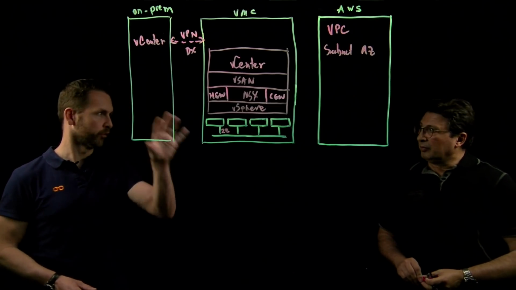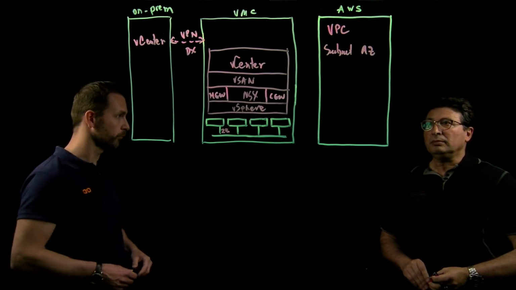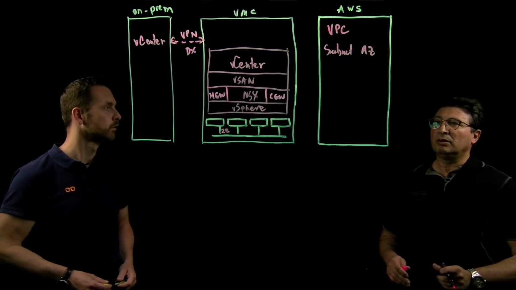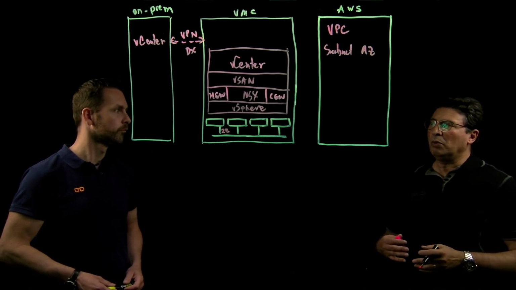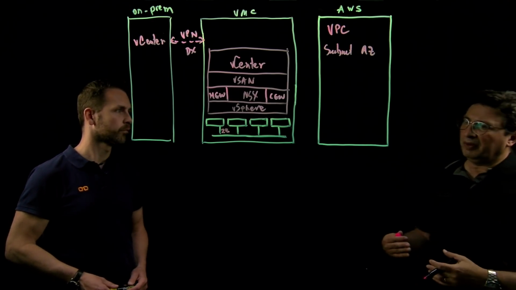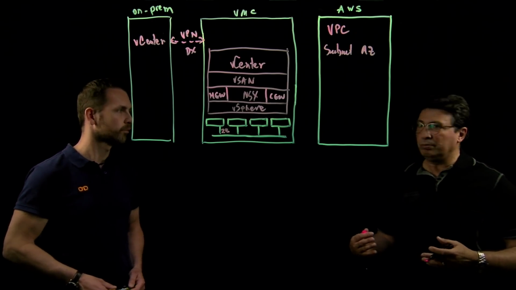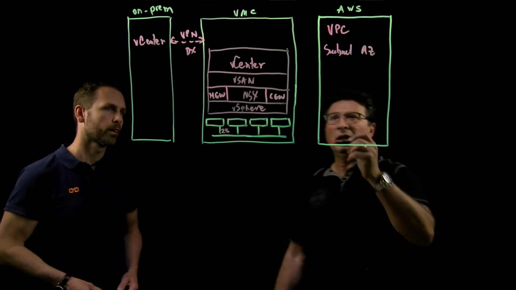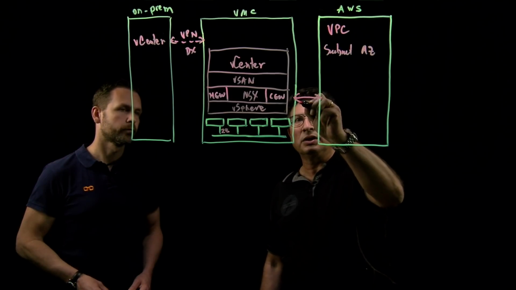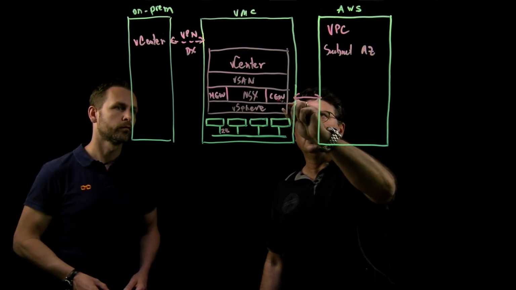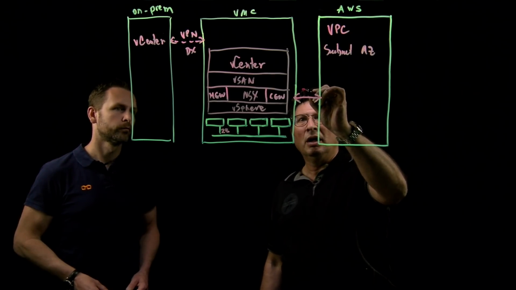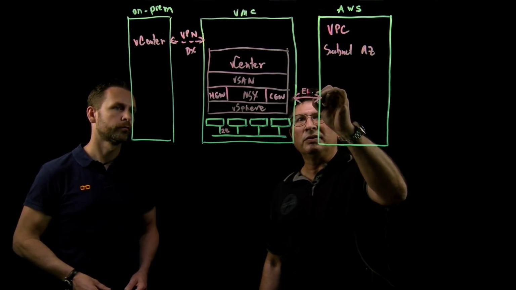So how does the network flow between the VMware Cloud on AWS SDDC and the native AWS VPC? That's a very good question, and we work a lot together with AWS to have these networking capabilities built in. So basically, we bring up an interconnection between the VMware Cloud on AWS and the Amazon VPC over an elastic network interface.